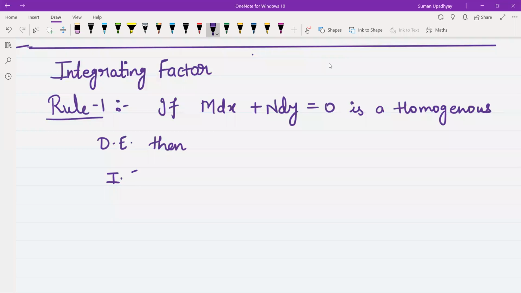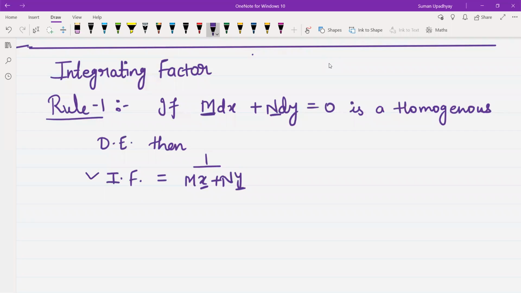the integrating factor will be 1 upon Mx plus Ny. So what you have to do, kids, is multiply this M with x and N with y, then add them together and take the reciprocal.